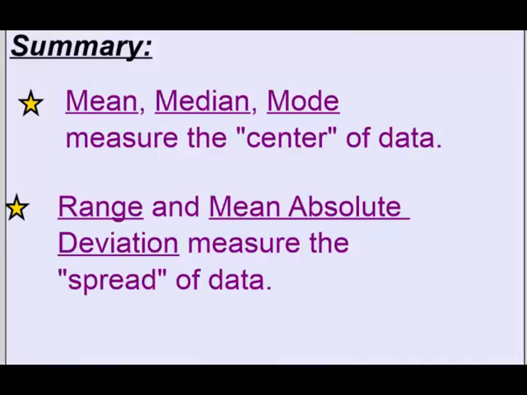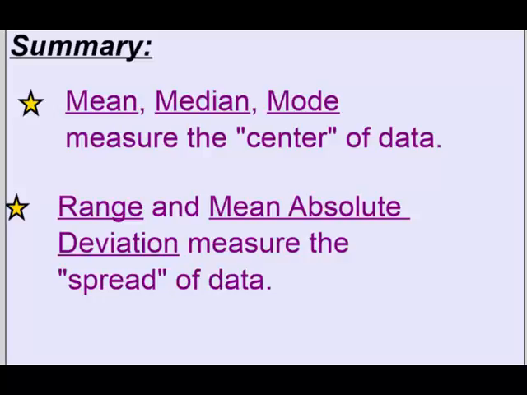Okay, that was a lot. So let's go ahead and give you your summary, and you can practice your 5 different measures of spread or central tendency. Remember, mean, median, and mode measure the center of the data, pretty much like the average, giving you the middle number.